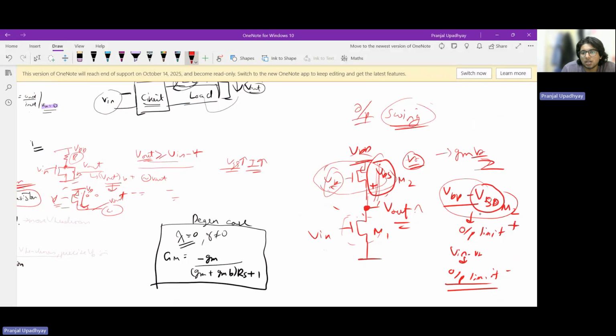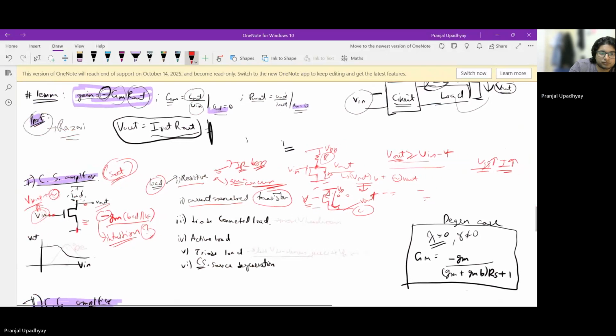For example, if this VSAT is too large to maintain this in saturation, this means that the output can't swing to a very high value. And if this one is also very large, the output can't even swing to a low value. That means the output can't swing much at all, which basically kills the purpose of amplifiers. This is the output swing problem.